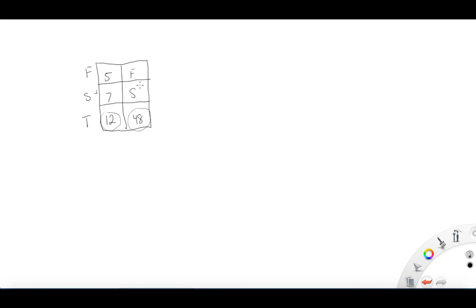Okay, now I see this right here as my equation. 7 over 12 equals soccer players over 48. Cross multiply, I get 12s equals 7 times 48, which is going to equal 336.